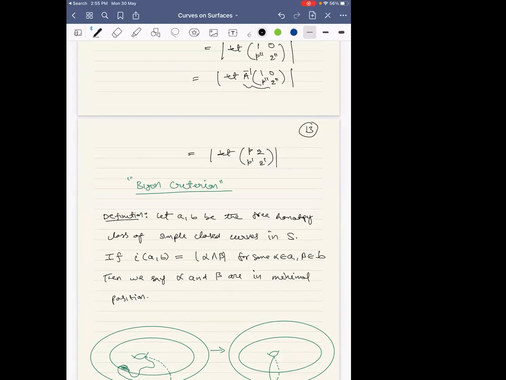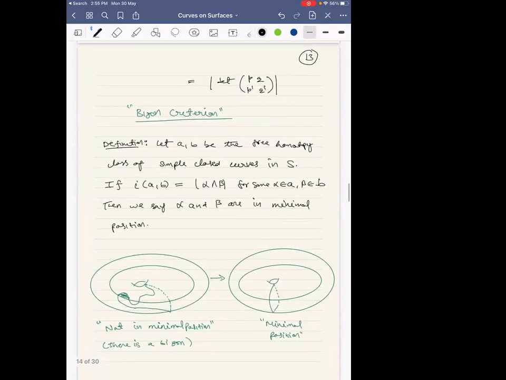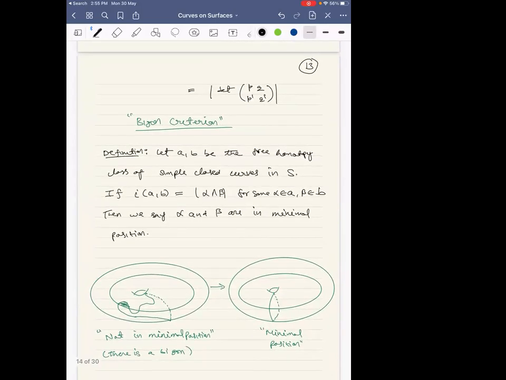There should be some way to find it. So the next thing, the bigon criterion, precisely gives you a check for how to find the geometric intersection number. First we should define what it means for two curves to be in minimal position.